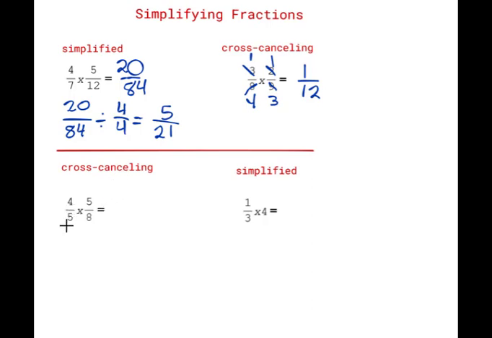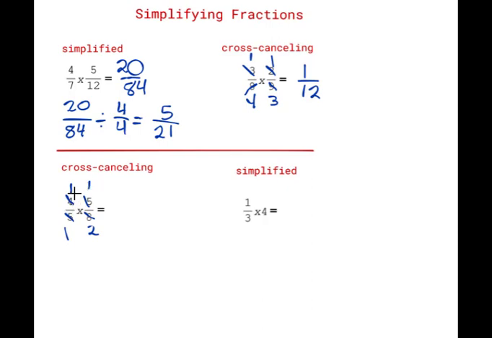We have 4/5 times 5/8. 4 and 8 have the greatest common factor of 4. So 4 goes into 4 one time, and 4 goes into 8 two times. Here we have 5 and 5. 5 goes into 5 one time, and 5 goes into 5 one time.